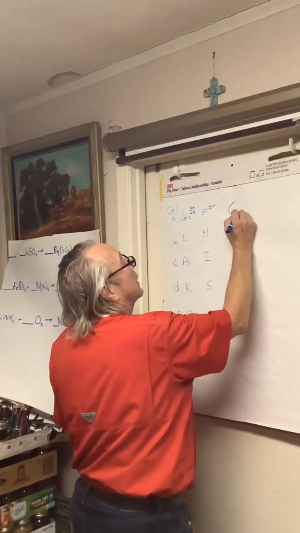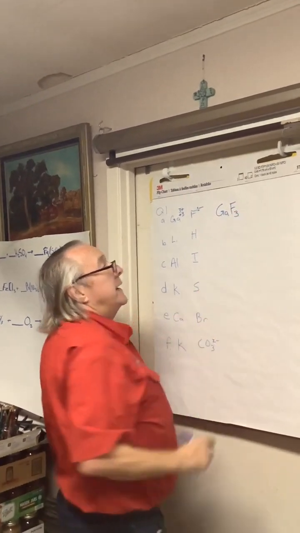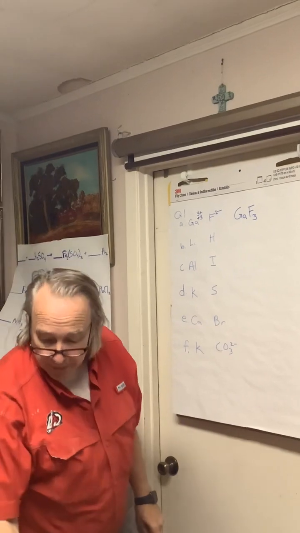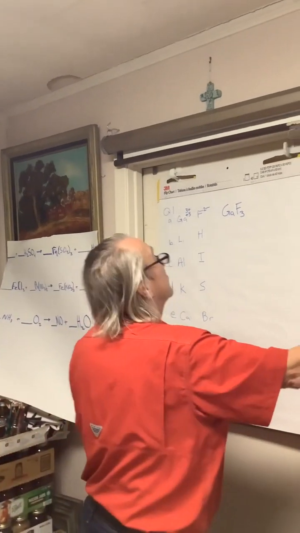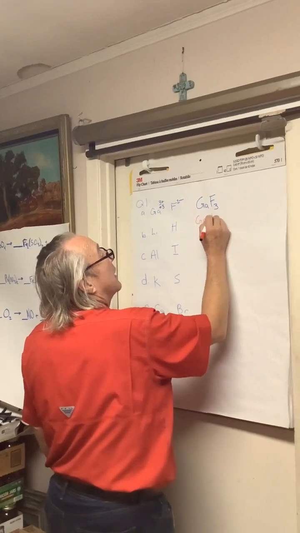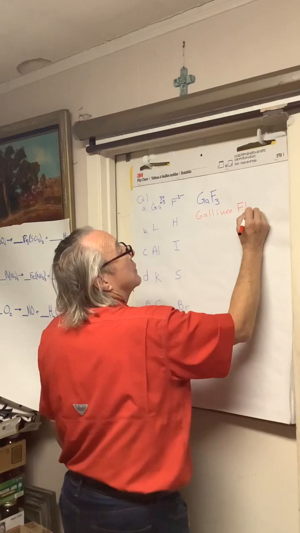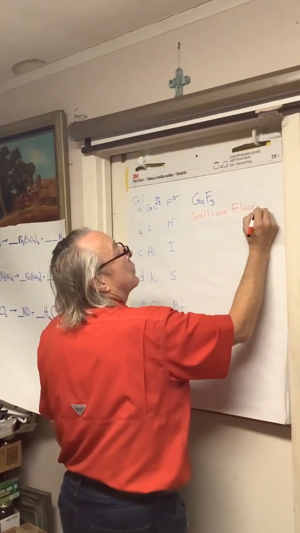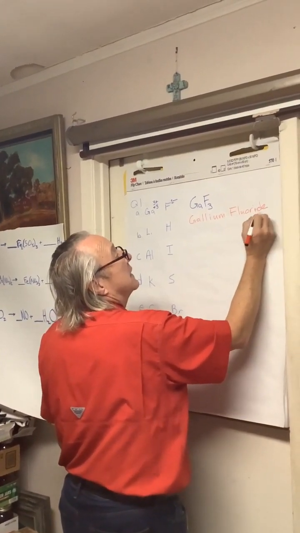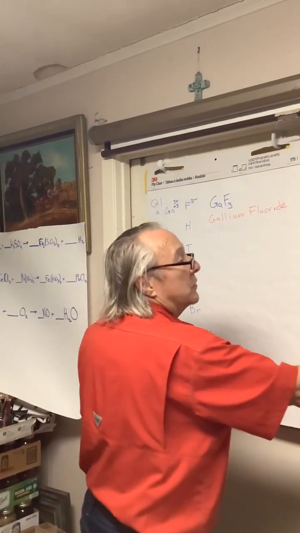So we make a new compound, gallium fluoride, with 3 fluorines. And we call it gallium fluoride. We change the fluorine to end in "ide." Okay? Now, so that's how we're going to go.